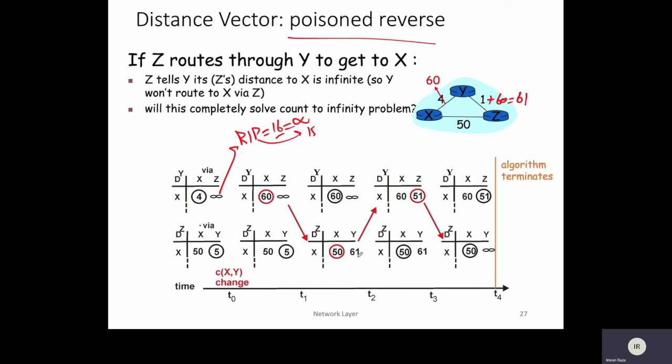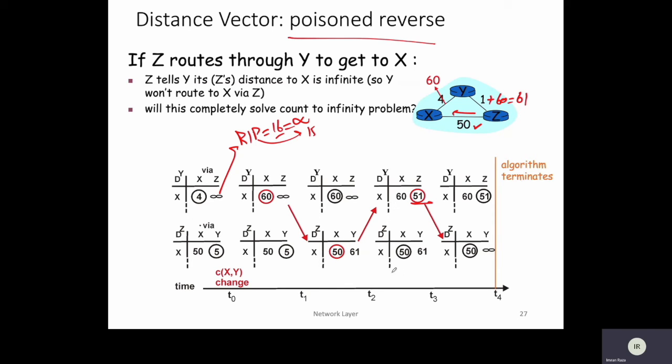It enters 61 here, but it rightly selects the least cost, which is the direct cost from z to x, and it informs y that the cost from me to x is 50. And y says, okay, fine, my cost to reach z is 1, so 50 plus 1 is 51, right?